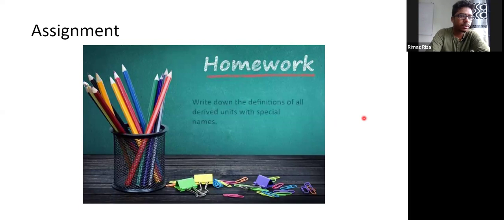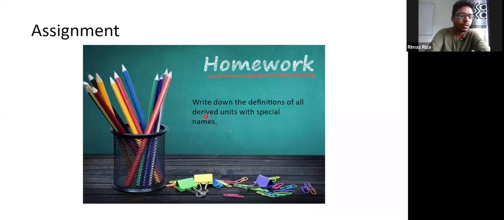So you can write down the definition of derived units. For example, what is the definition of Newton? 1 Newton is the force required to accelerate 1 kilogram mass to an acceleration of 1 meter per second square. So that is the definition of force.